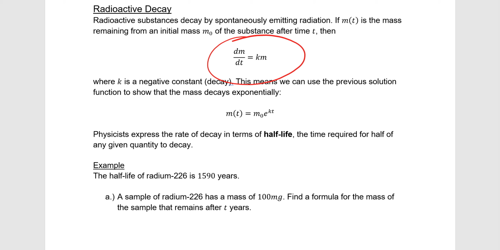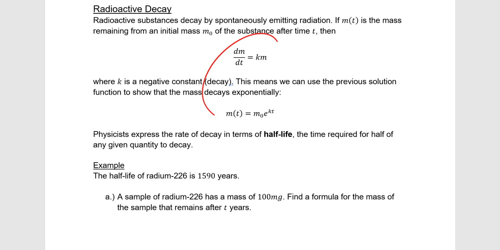So same exact thing that we've seen for our differential equation for this section. And the only difference here is that k is going to be a negative constant this time because this is radioactive decay. It's getting smaller. But just like before, we're going to have our solution function, m of t equals m naught e to the kt.